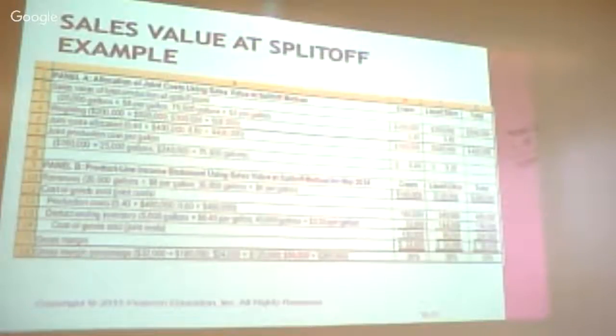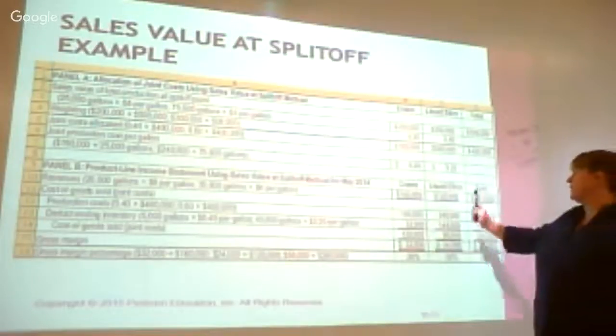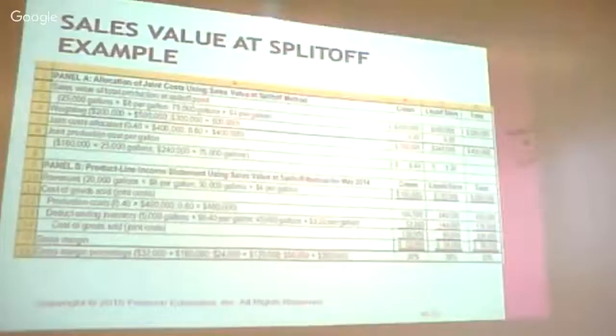We sold 20,000 gallons of cream, 30,000 gallons of skim. And my sales price for each one was 8 and 4. So I take the 20 times 8. I brought in $160,000 for cream. I brought in $120,000 for skim, which is the 30 times the 4. Okay? So my total income right now is 280, right?